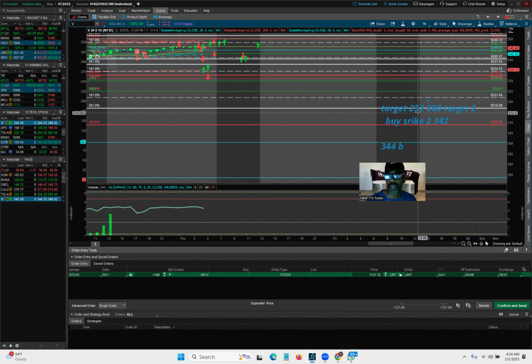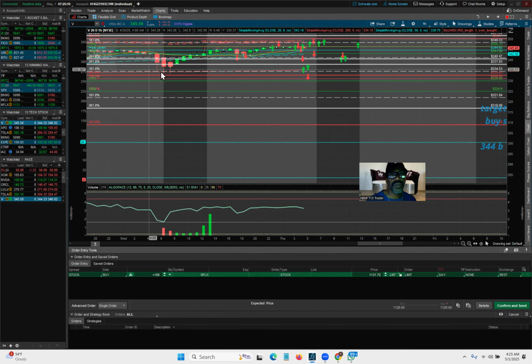Or it may turn around at 251 and come back down. But that's your target price. This is your strike price. Once it hits here, hold support and move it. This is the tail. See that big tail on the candle? One, two, three.